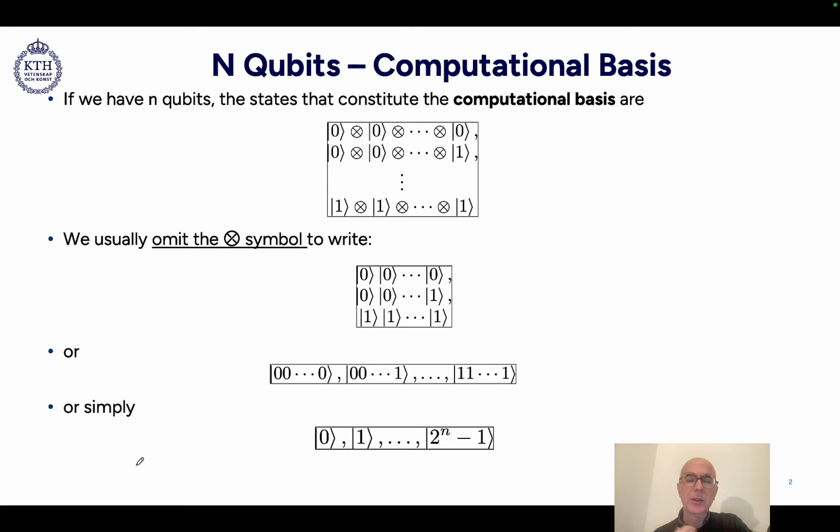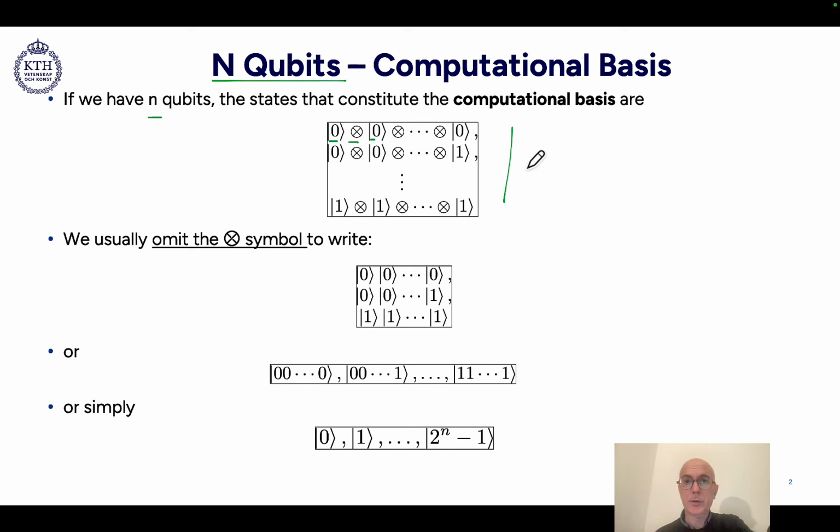So when we look at the computational basis in the case of n qubits, we just generalize what we did for the two qubit system. We take the tensorial product of the computational basis for one qubit. In the case of n qubits, the states that constitute the computational basis are the following, where we take the tensorial product of the computational basis of the single qubit.